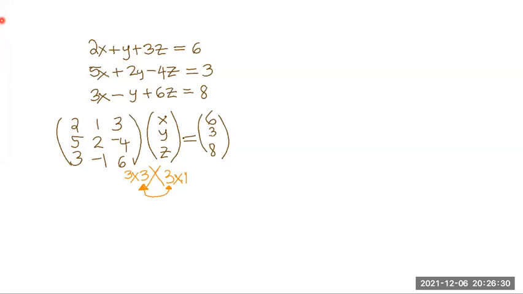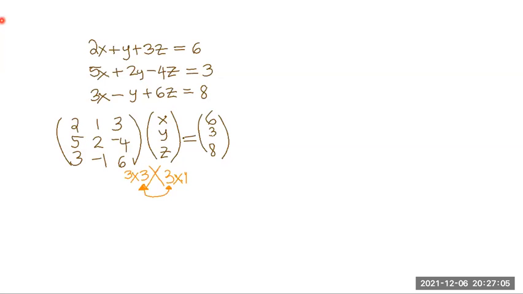Can you give me the equation again, please? What's the first equation? Can somebody read the question for me, please? 2x plus y plus 3z equals 6.